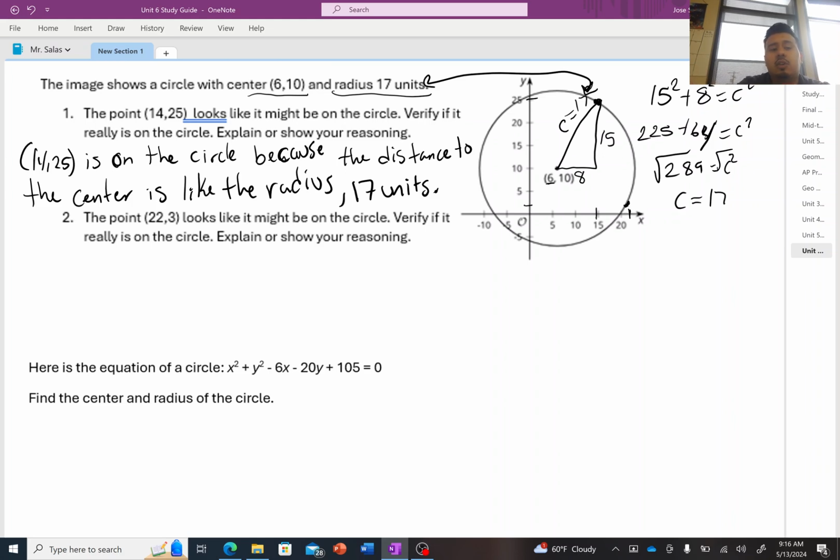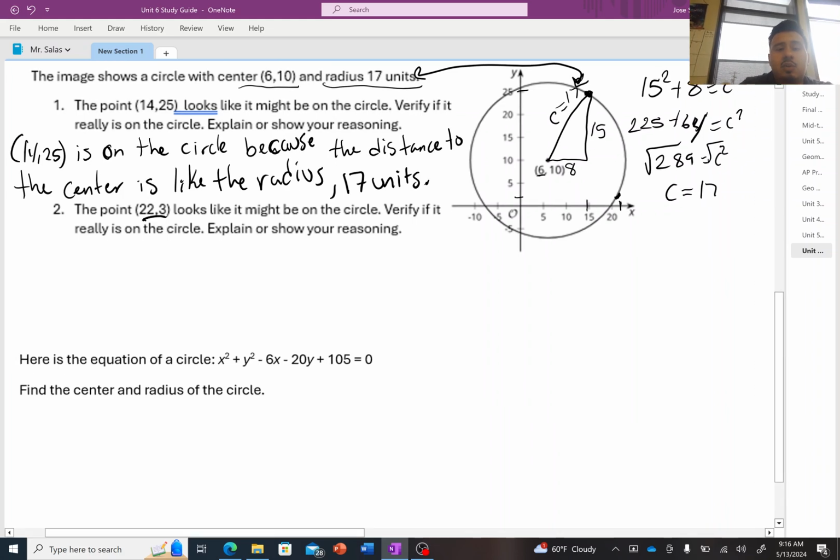You want to take your second point, (22, 3), and subtract it from your original, which is your center, (6, 10). So let's do 22 minus 6. That gives me 16. And 3 minus 10 gives me negative 7.